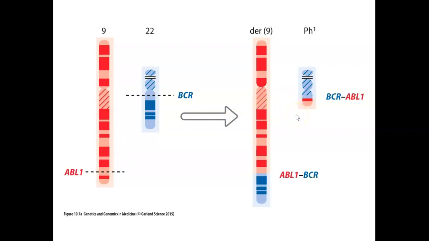We then call that the Philadelphia chromosome, or PH1, and this can cause chimeric genes and can be a cause of an oncogenic type of cancer. So this is a susceptible place where a translocation can affect an oncogene.